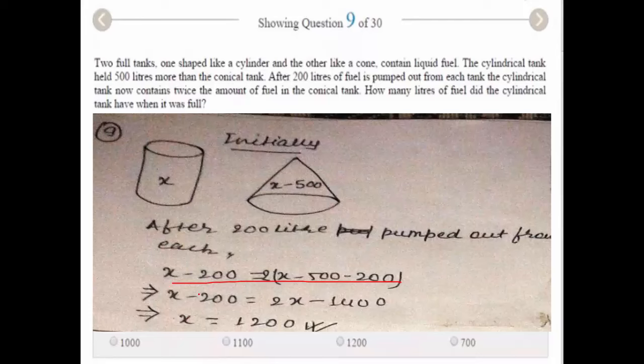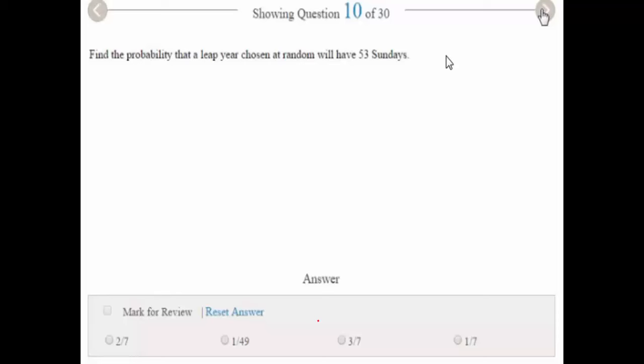Whenever you solve this expression, we get the value of x is 1200, and the value of x is actually the volume of the cylindrical tank when it was initially filled.